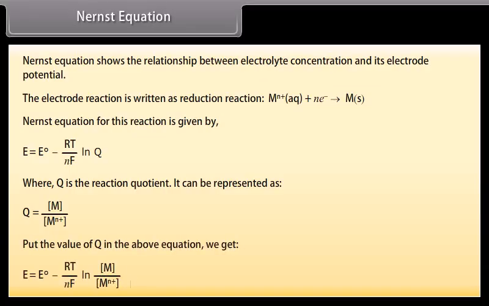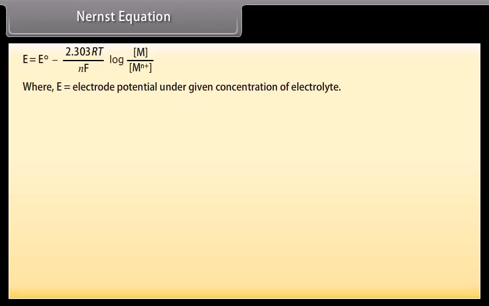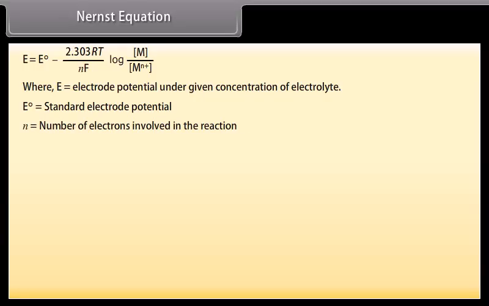We get E = E° - (2.303 RT/nF) log [M]/[M^n+], where E is the electrode potential under given concentration of electrolyte, E° is the standard electrode potential, n is the number of electrons involved in the reaction, T is the temperature on Kelvin scale, F is 1 Faraday, R is the gas constant.